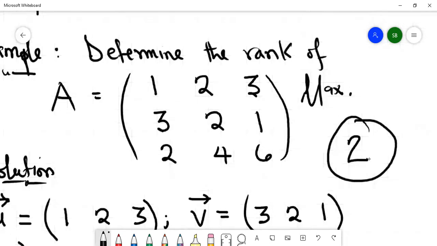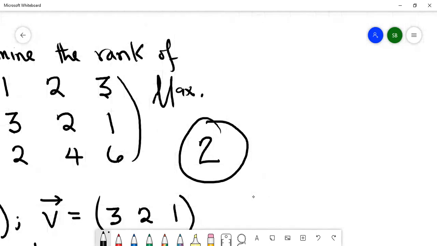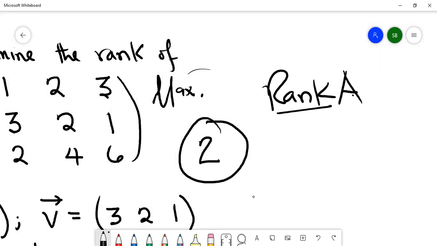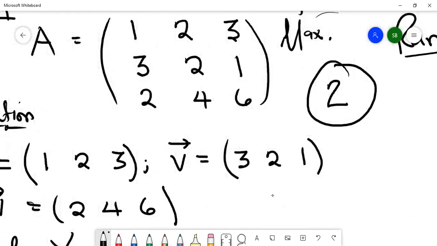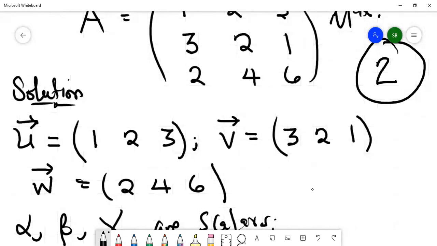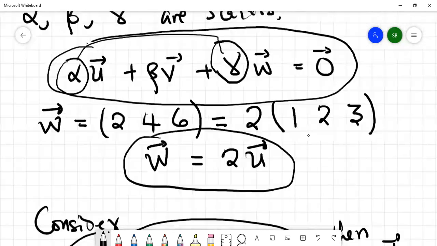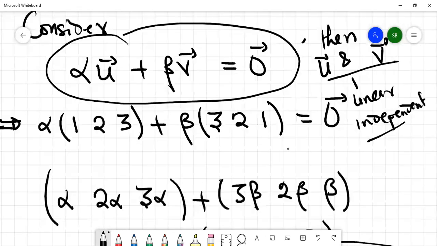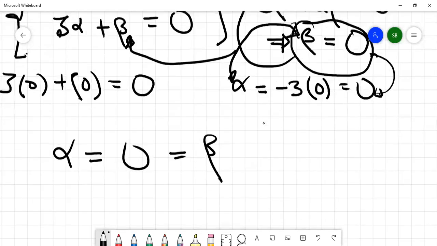Hence, the rank of A, which I will simply write as rank A, is 2. That is it. So that is how we determine the rank of A using the concept of linearly independent vectors.